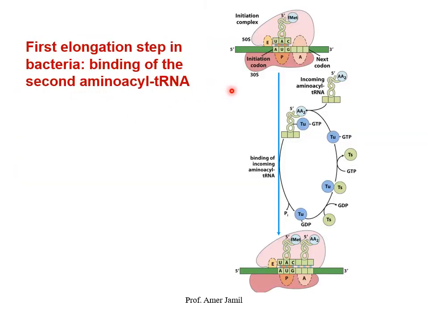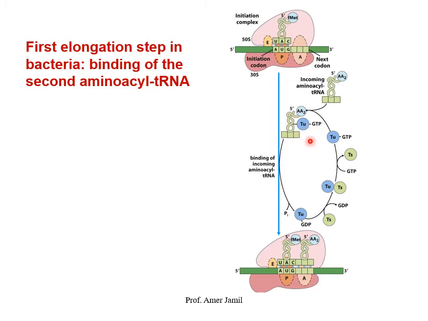This is the first elongation step in case of prokaryotes with the binding of the second aminoacyl transfer RNA, and this is brought about by TU factor along with GTP.